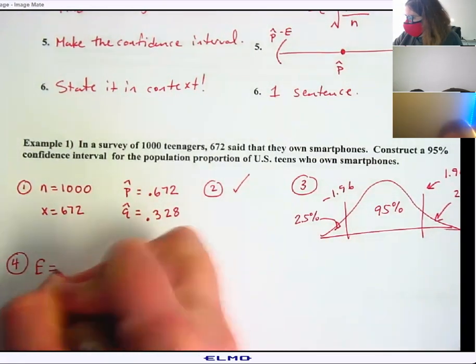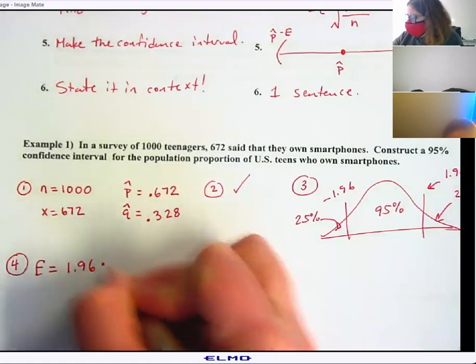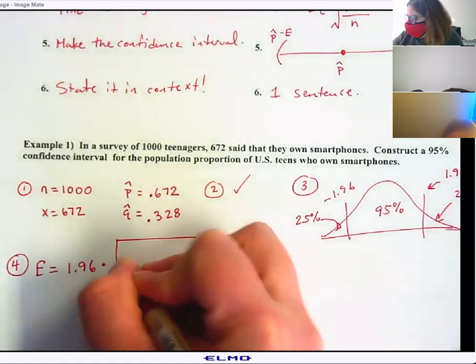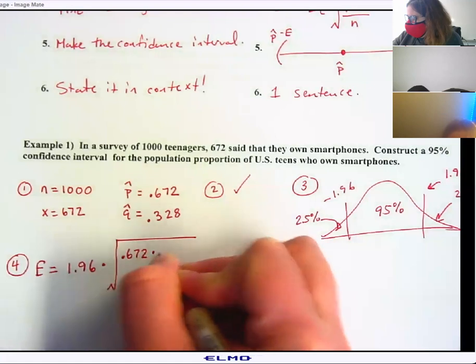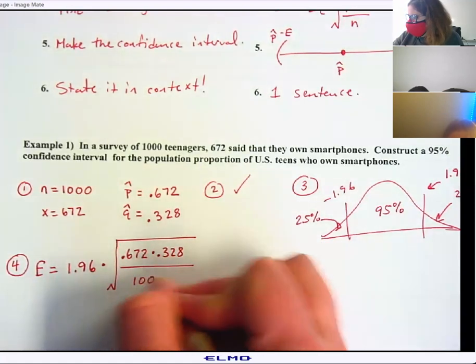Error equals Z sub C, which we said was 1.96, right? Times the square root of 0.672 times 0.328, all divided by N, which is 1,000.